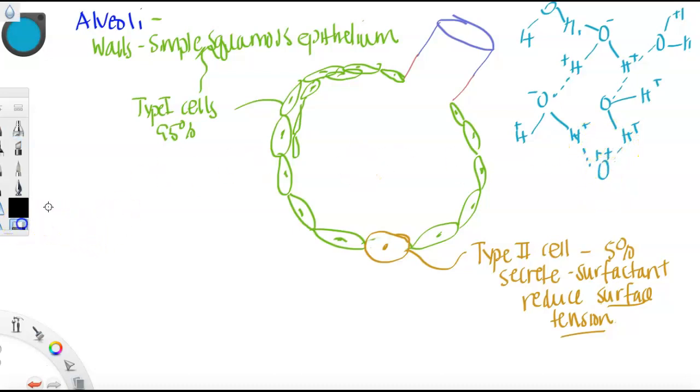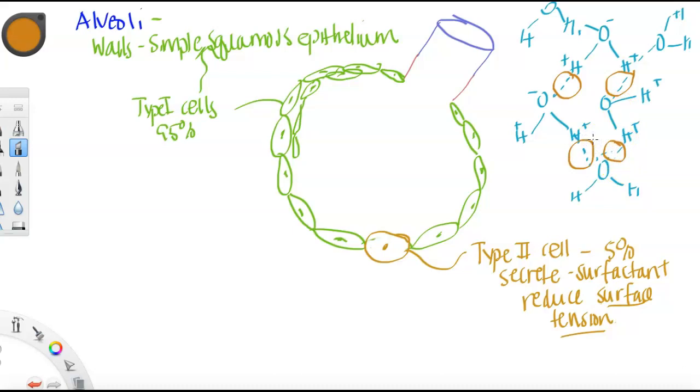Man, I'm losing my mind on the positives. It's negative, right? So that's how water sticks together. The molecules stick together through these hydrogen bonds. Remember what hydrogen bonds are? Those are the little attractions between the positive hydrogen and the negative oxygen.